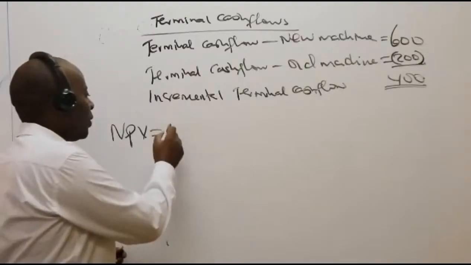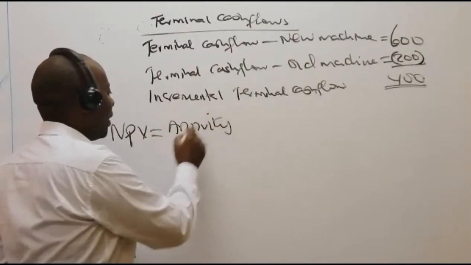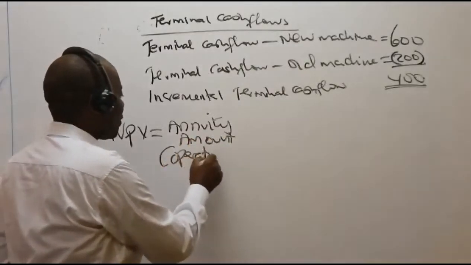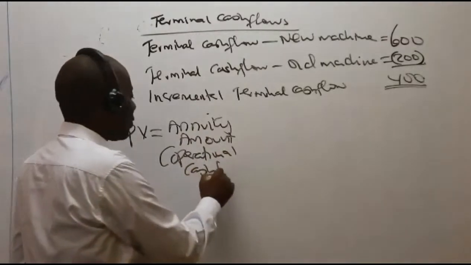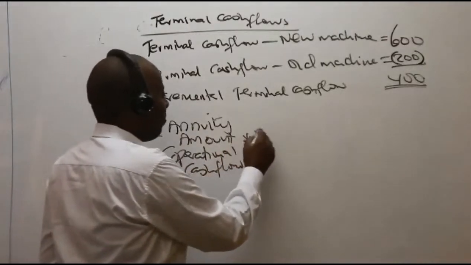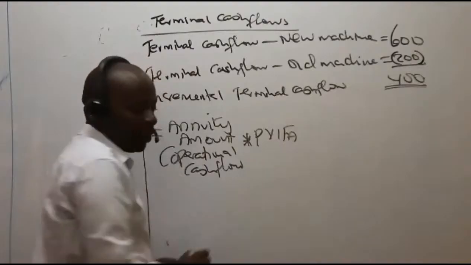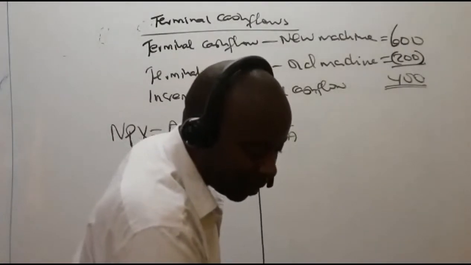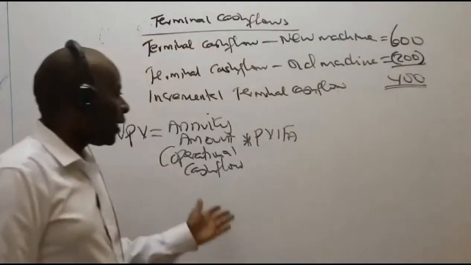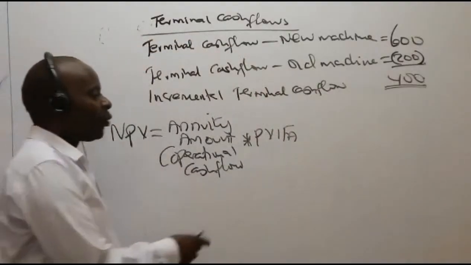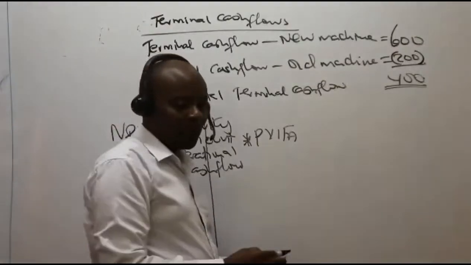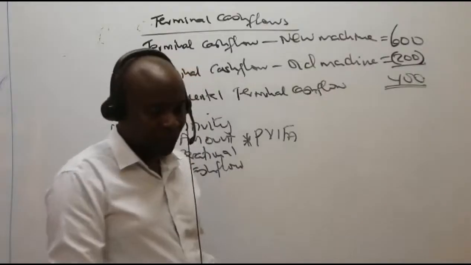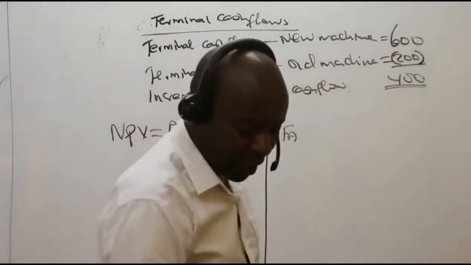I'll take the annuity amount, which is the operational cash flows, multiplied by PV, because these will need discounting. At what cost of capital? Are you able to see a cost of capital there? What is the cost of capital? At times they will call it required rate of return.